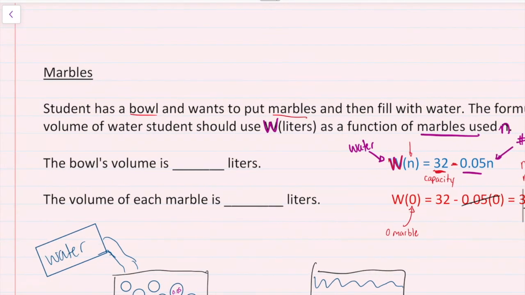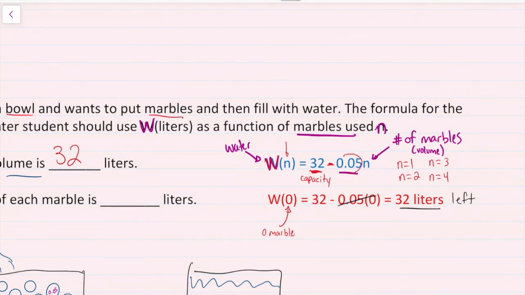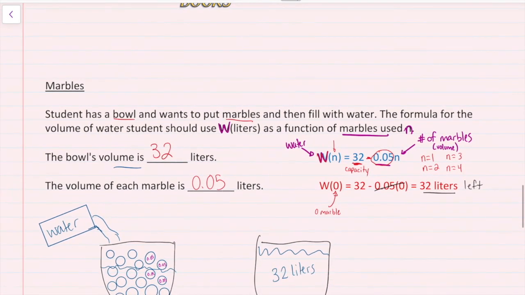So the total volume of the bowl is actually 32 liters. And the volume of each marble, you said it right here, is 0.05 liters.